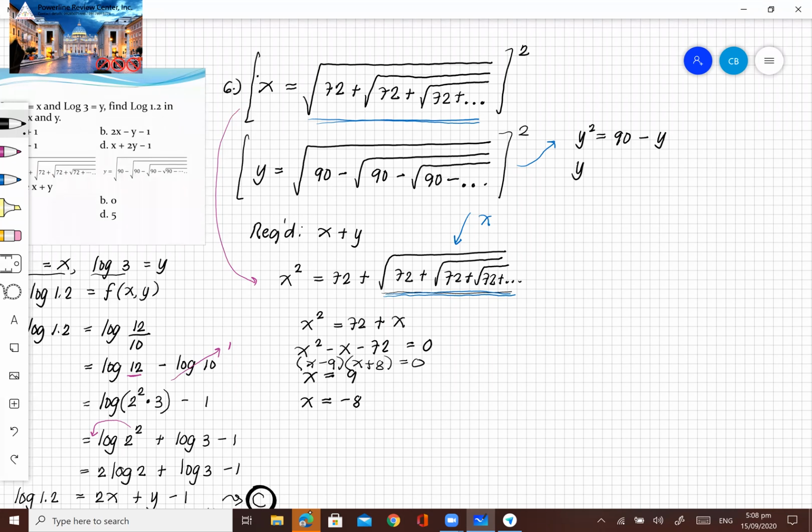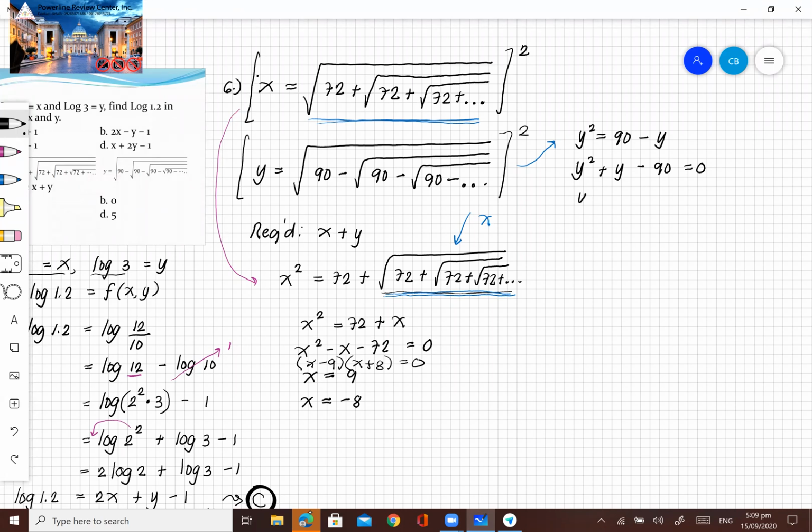So rearrange it. Y squared plus y minus 90 equals 0. So again, factor of negative 90 when added is positive 1. So that is positive 10 and negative 9.